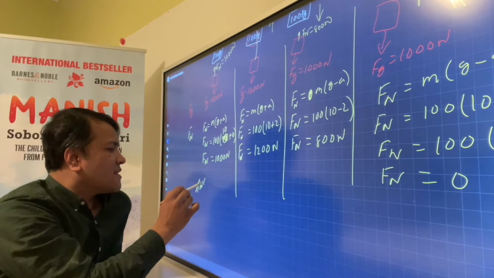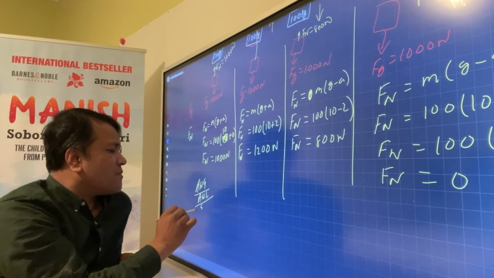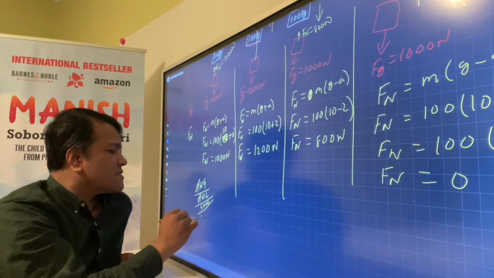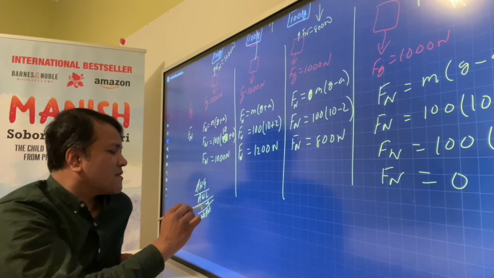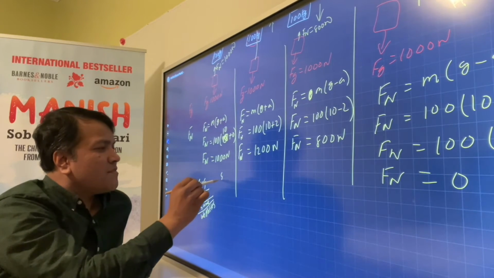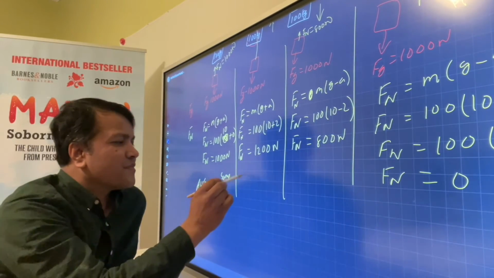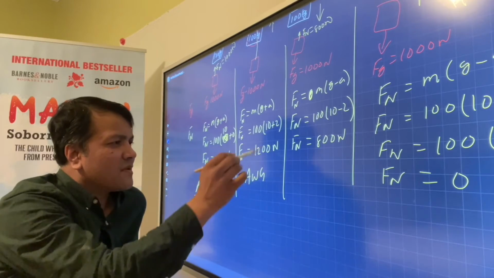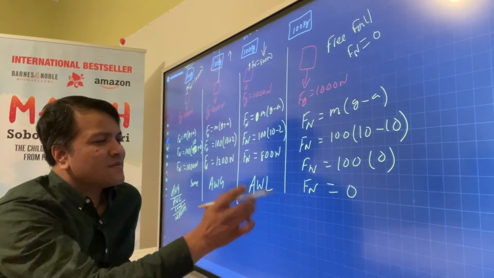And now the final thing, we're going to do the apparent weight gain, apparent weight loss, same or weightless. This one is same. This one is apparent weight gain of 200. This one is apparent weight loss.